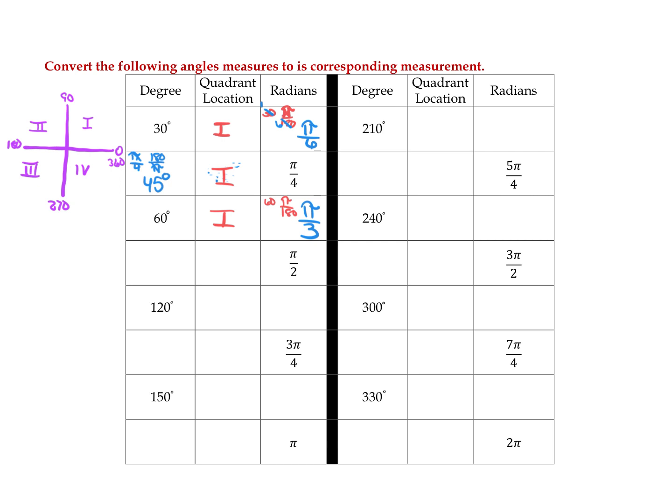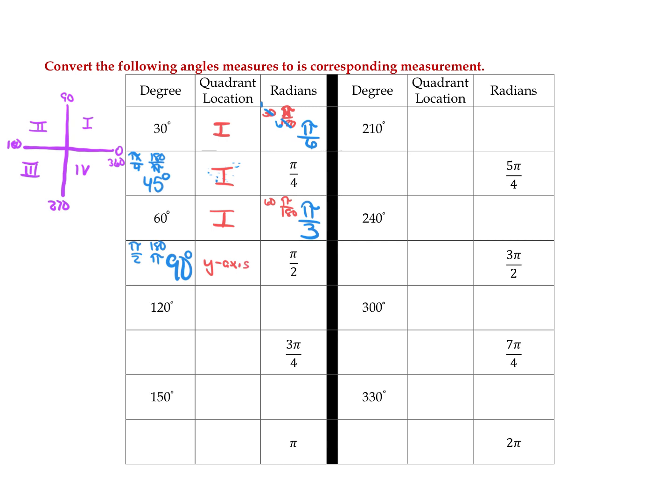And now pi over 2, I'm going to start off with pi over 2, and I'm going to multiply that by 180 on top and pi on the bottom, and that is 90 degrees. So that's not really on the axis. I mean, on quadrant, that's going to be on the y-axis.